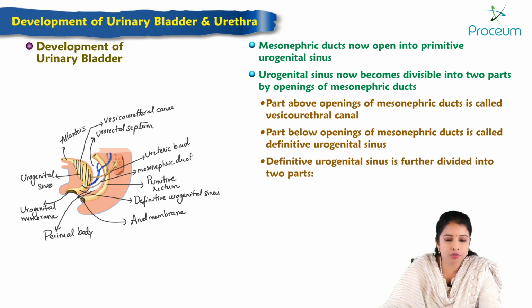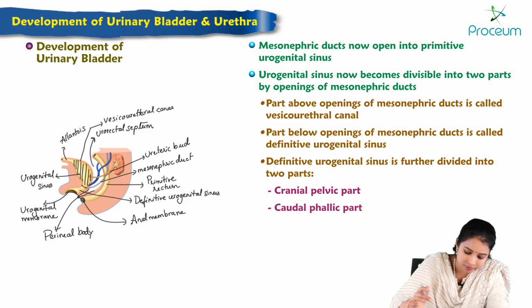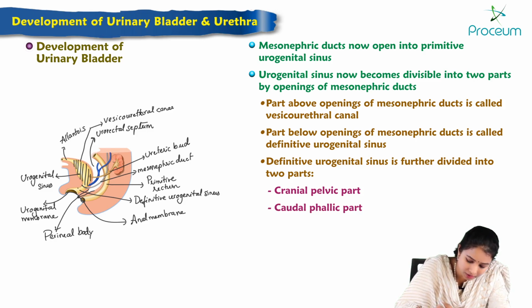So the definitive urogenital sinus can be further divided into two parts. The cranial pelvic part is which is present in the pelvis, and the caudal part is called phallic part. So the upper part is the pelvic part. This part is further divided into two parts. So this is the pelvic part.